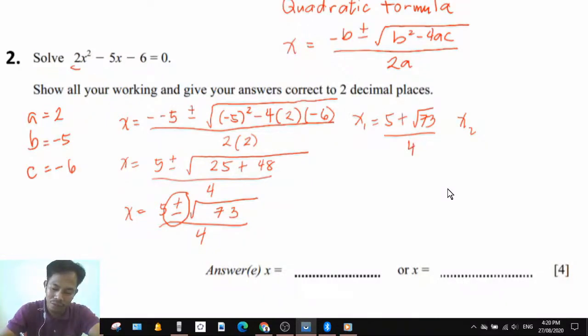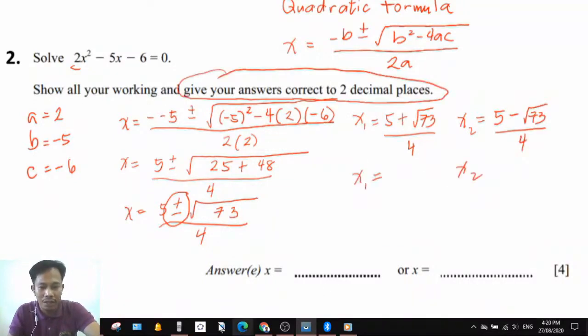Then you can use your calculator for this to find out, because it's written here you have to give your answer correct to 2 decimal places.